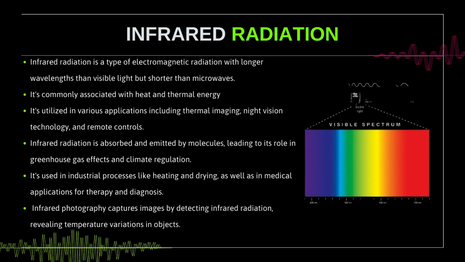Infrared radiation is absorbed and emitted by molecules, leading to its role in greenhouse gas effects and climate regulation. It's used in industrial processes like heating and drying, as well as in medical applications for therapy and diagnosis. Infrared photography captures images by detecting infrared radiation, revealing temperature variations in objects.